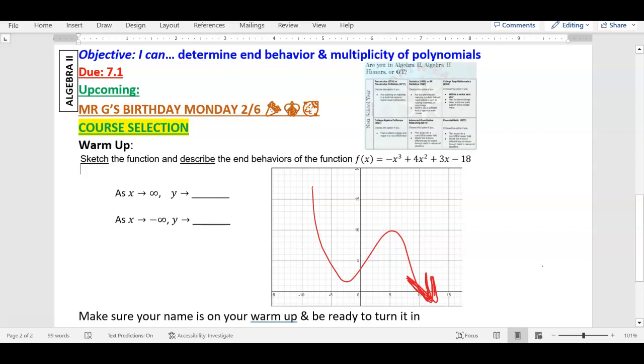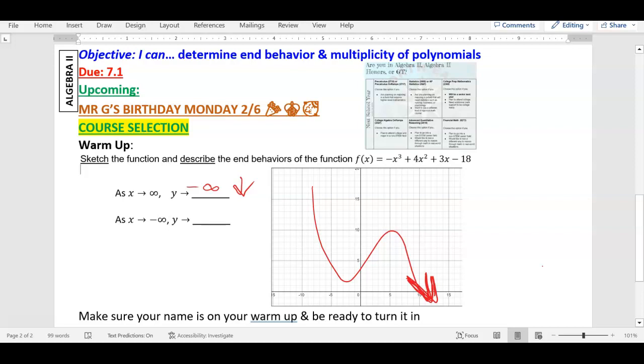So the direction y is going is negative infinity. I know it's going down, duh, but we can say negative infinity is the direction. Does everyone hear me say this? Because yesterday we used up or down, but we're going to replace the word up with positive infinity. We're going to replace the word down with negative infinity. That's the big tweak.